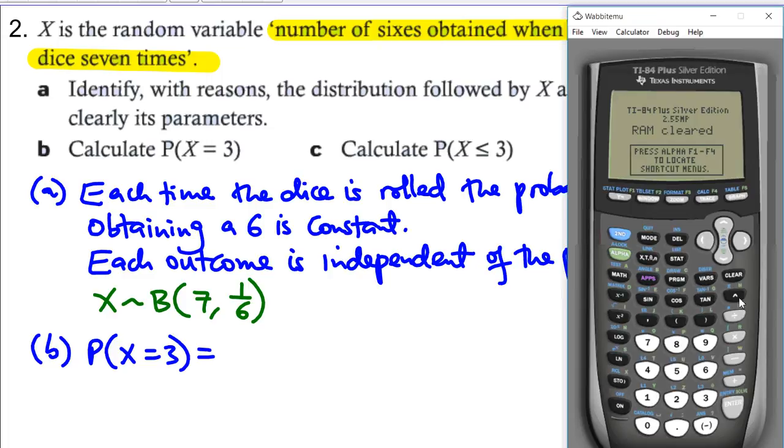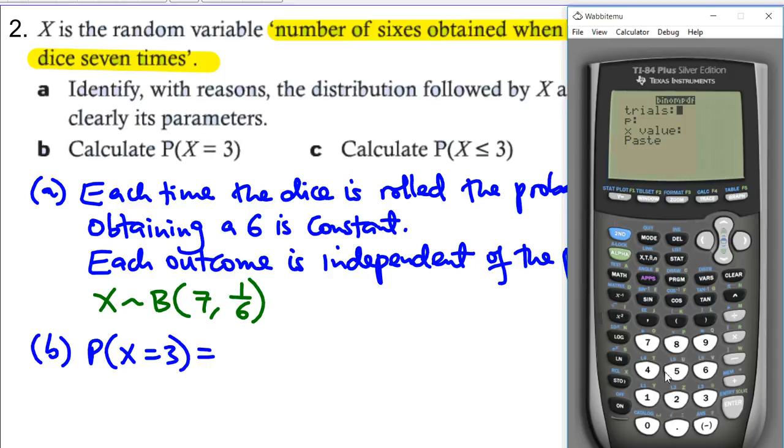Go to second, distribution, and scroll down to binomial probability distribution function, binomial PDF.